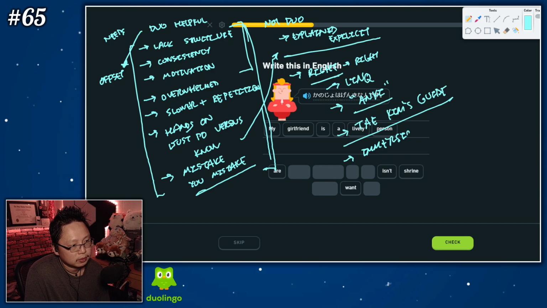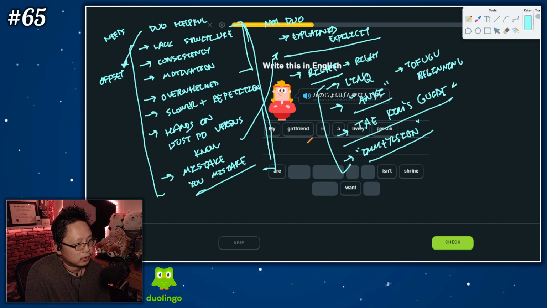Immersion is too spurious, so I will put it in quotation marks because it can be anything: anime, reading, full exposure. But Tae Kim, I think that's the one. Tae Kim can be cool. Tofugu actually has a beginner thing as well. And these are very specific to Japanese because I cannot feel comfortable saying anything else about Duolingo.